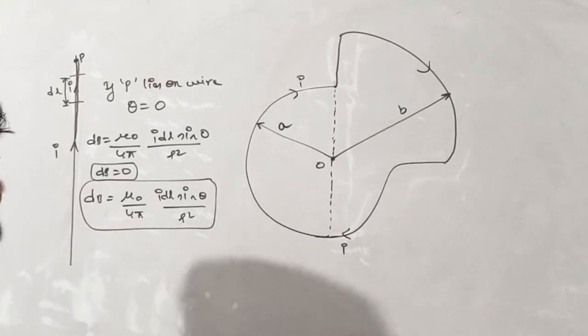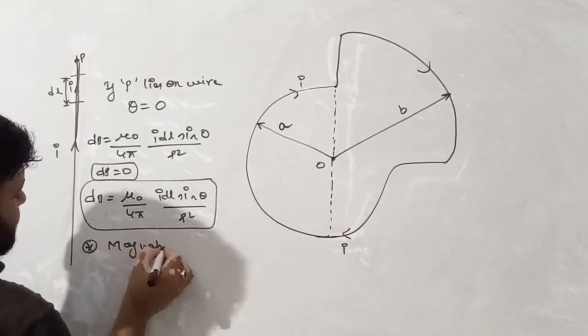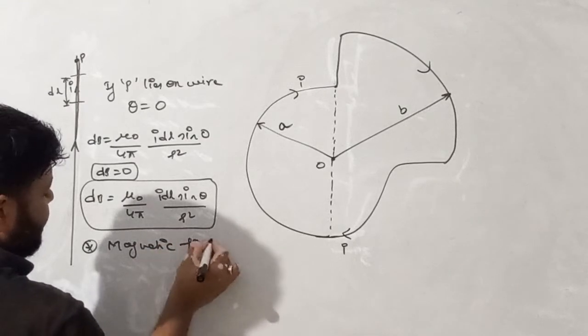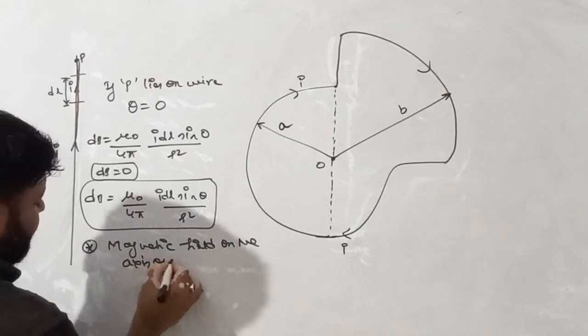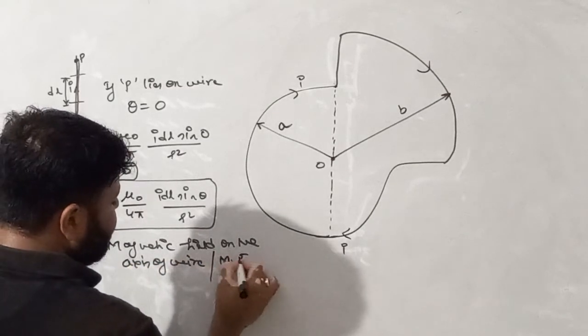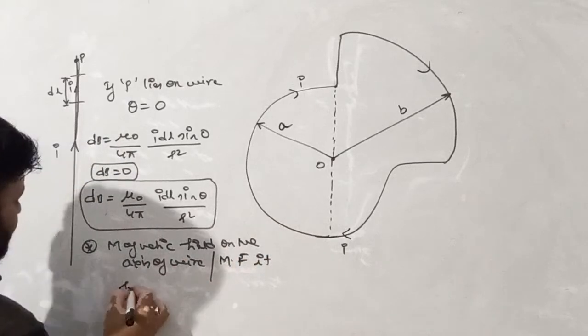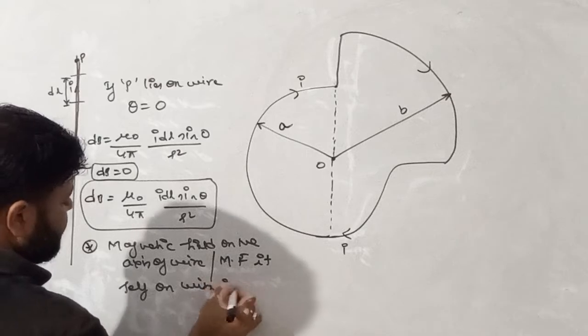So what does it imply? It implies the magnetic field on the axis of the wire, or we can say the magnetic field on the wire itself, is 0.